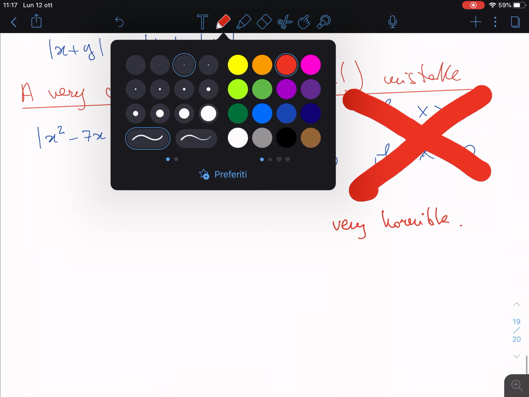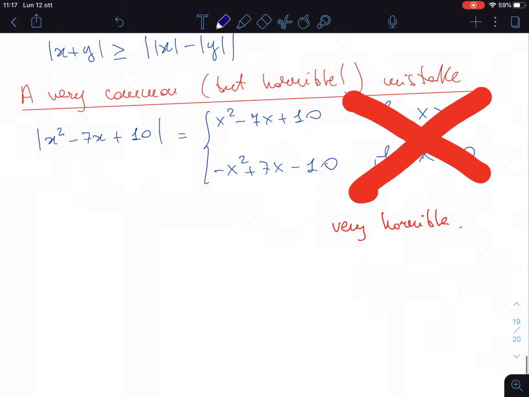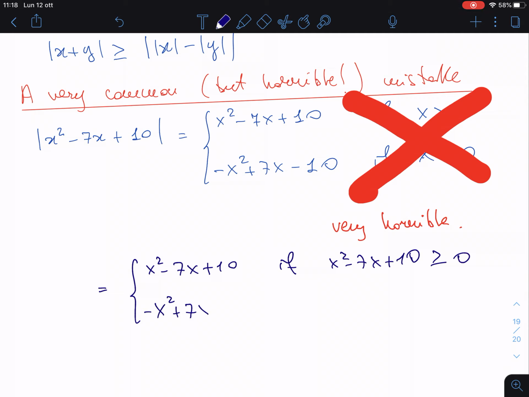What is correct here is just to say this is x squared minus 7x plus 10 if the argument of the absolute value is larger or equal to 0, or minus x squared plus 7x minus 10 if minus x squared plus 7x minus 10 is less than 0.